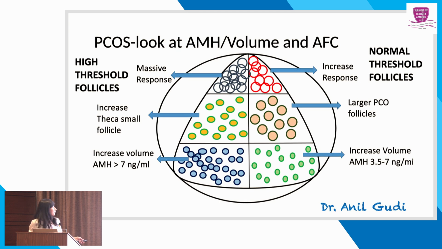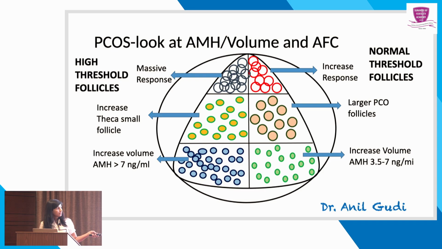If you have a very increased volume or AMH of more than 7, maybe she is not responding to the ovulation induction agent, and you may have to go for gonadotropin, but she may have a very massive response, because you are giving her 75 IU, it is not responding, and suddenly you increase to 150. Now suddenly there is exponential growth of the follicles, because now all the follicles have crossed the threshold, and that is why she is having a massive response.